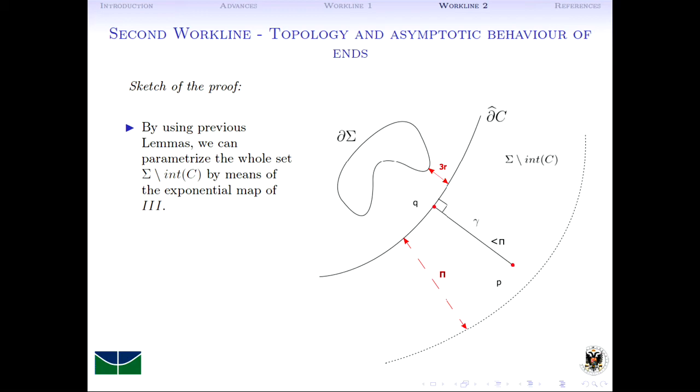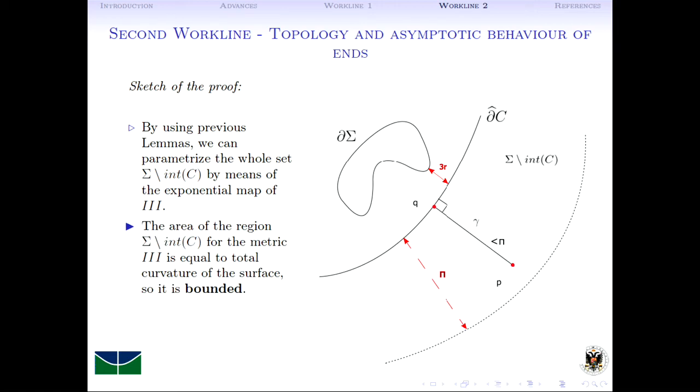By using lemmas 2 and 1, we can parameterize the whole area of the surface out of a compact subset containing within the compact border of the surface, by means of the exponential map of the metric 3. This area is bounded because it depends on the geodesic curvature of this curve.